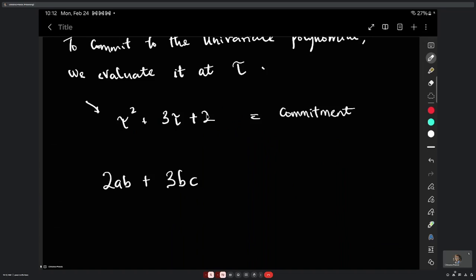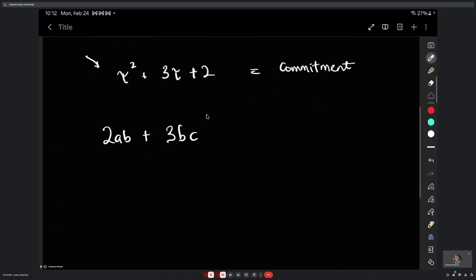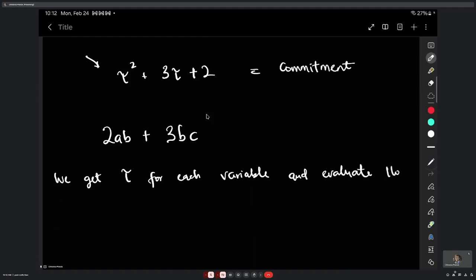So we get a tau for each variable and evaluate the polynomial at all the taus.